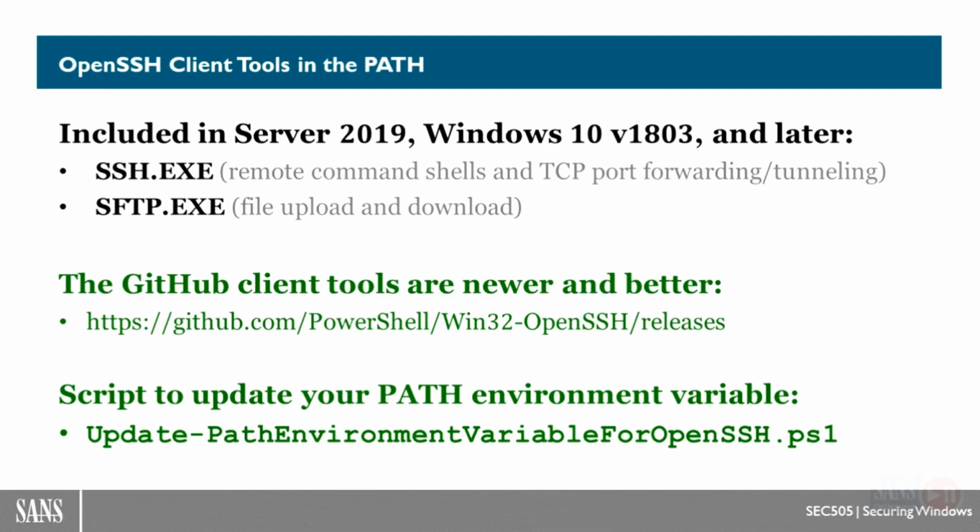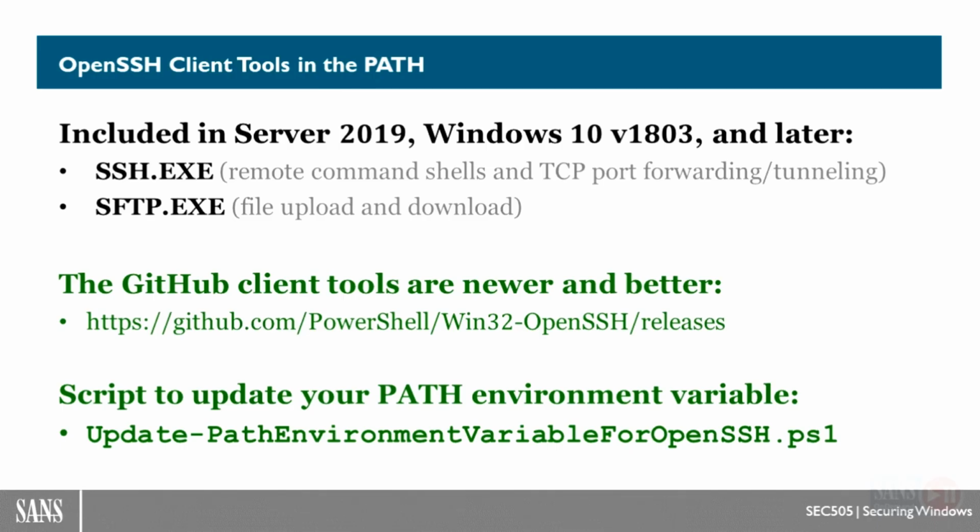So I have a PowerShell script for you. It's named update path environment variable for OpenSSH. So there's no doubts, right, about what that script does. When you run that script, it modifies your path environment variable for you so that it removes the SSH binaries path from that variable, the one that's built in from Microsoft, and then adds the new one.